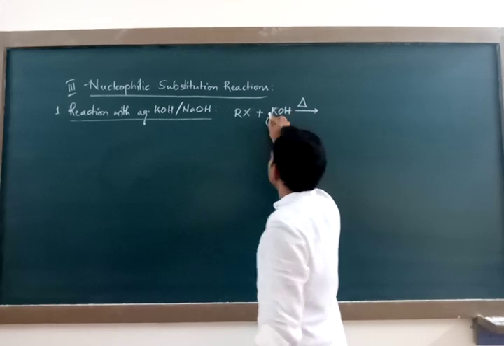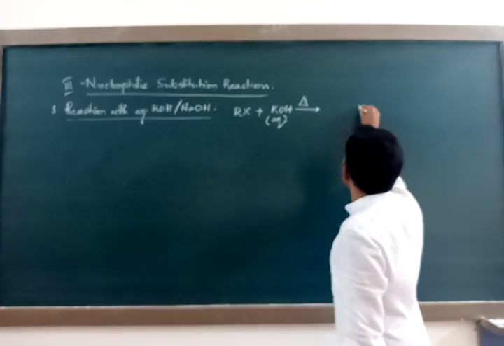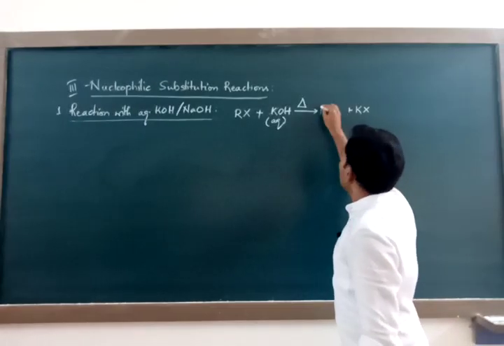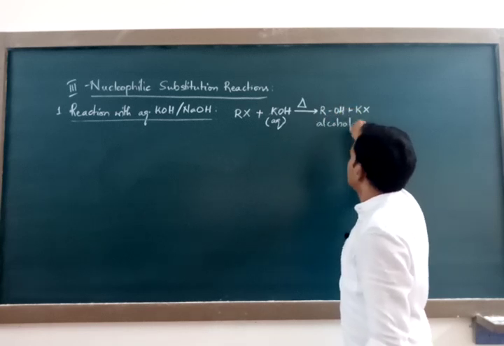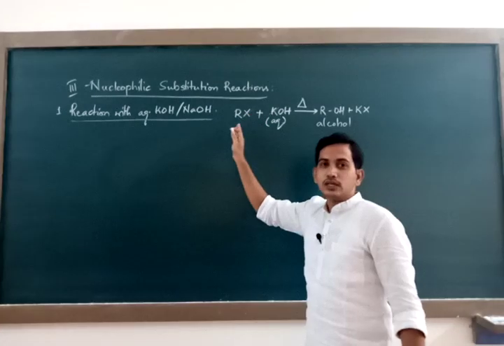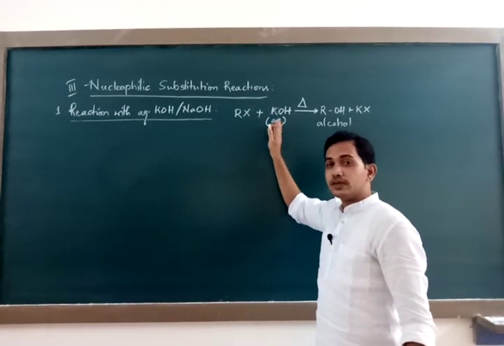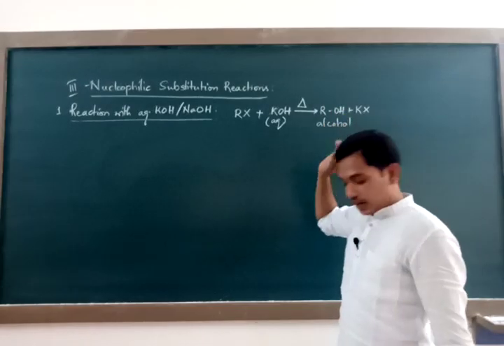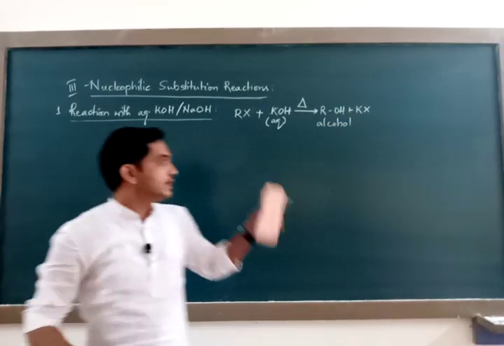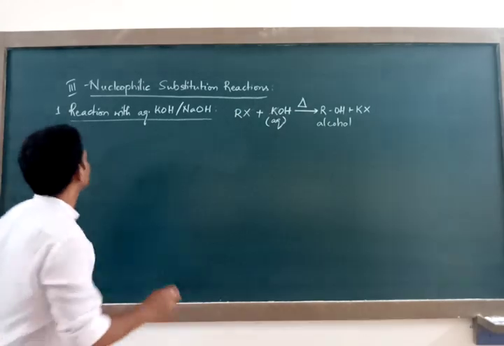This X goes with K and what remains is ROH. An alcohol is obtained. Whenever haloalkanes react with aqueous KOH or sodium hydroxide, corresponding alcohols are obtained. You can try the same reaction with sodium hydroxide also.